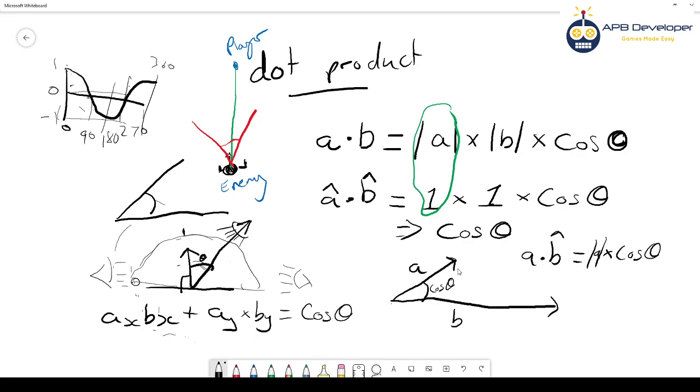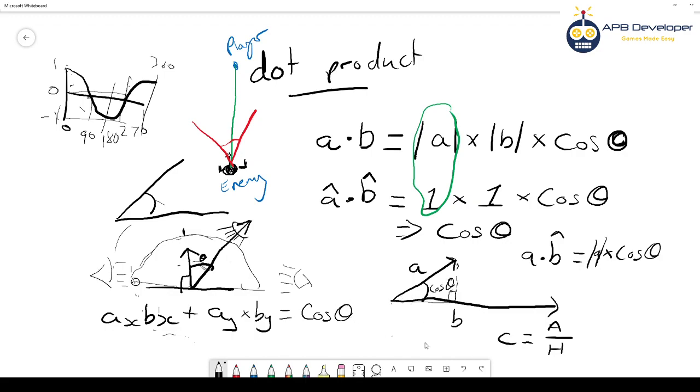And if you remember your trigonometry, which is where a lot of this comes from, we turn this to a right angle triangle. Cosine was adjacent over hypotenuse. So this is the cosine of the angle, this is the adjacent, and this is the hypotenuse. Rearrange this. We know the length of this because this is our vector that we haven't got as a unit length. So we end up with the length of this.